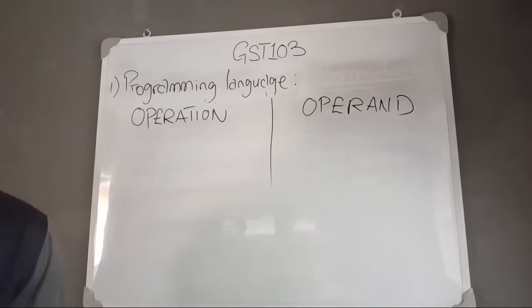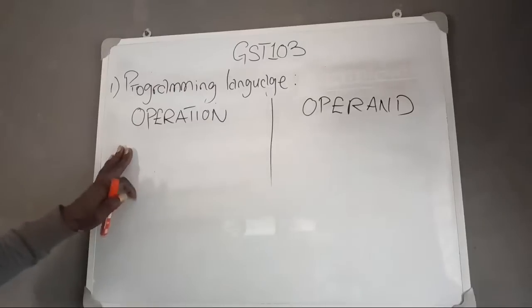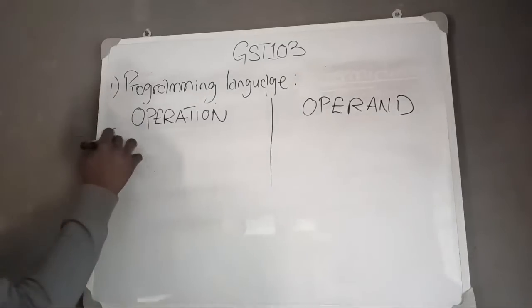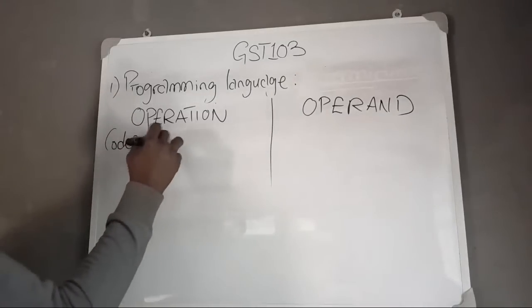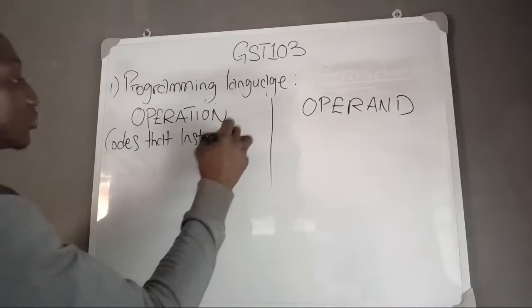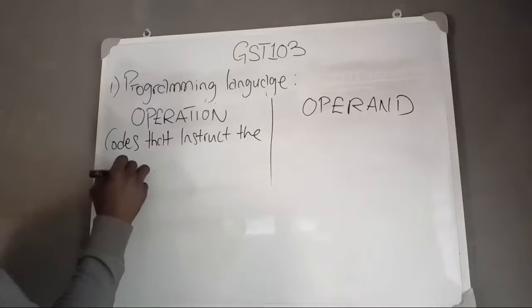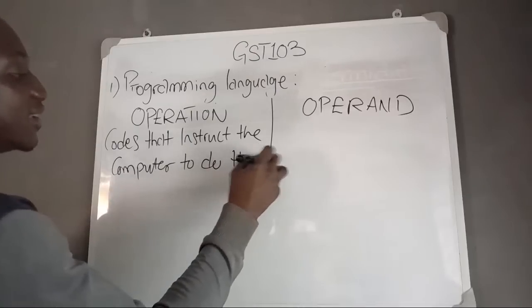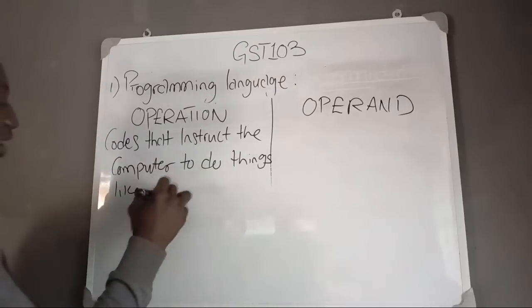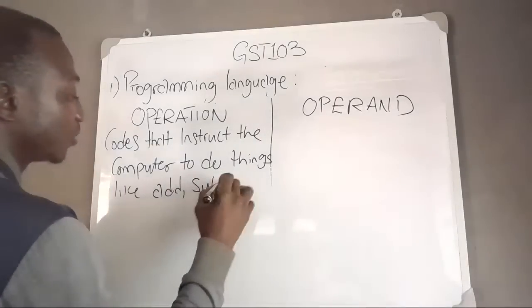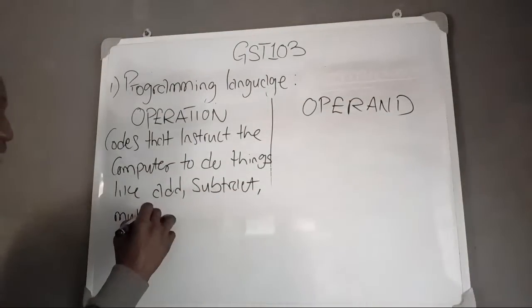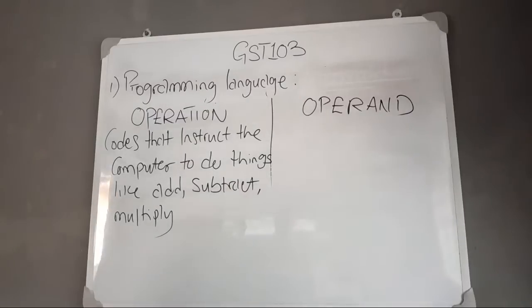Now, talking about operation. These are codes that instruct the computer to do things like add, subtract, multiply, and divide.